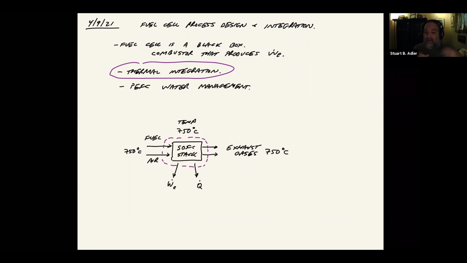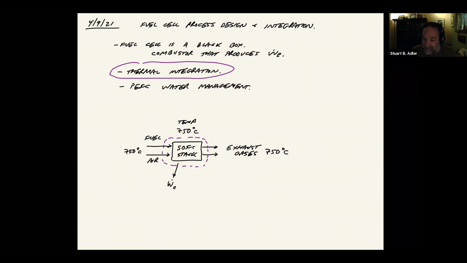The surface to volume ratio of a real SOFC stack is really small. There isn't really a way to get the heat out, to have a Q dot coming out of a fuel cell stack in the same way we've been thinking about it. It just doesn't exist.